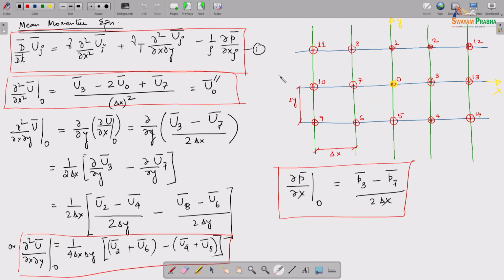Essentially, one is here at 2. The reason I'm going to take 2 and take 10 is to show you that these are on the boundary. Now this is my domain. These are the only points that I'm looking at as of now. I have defined this domain for myself.